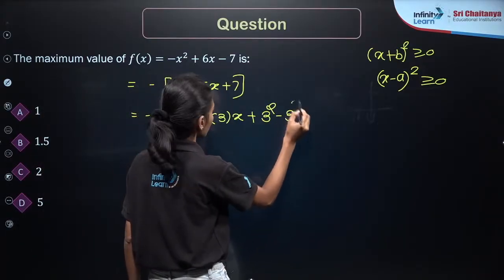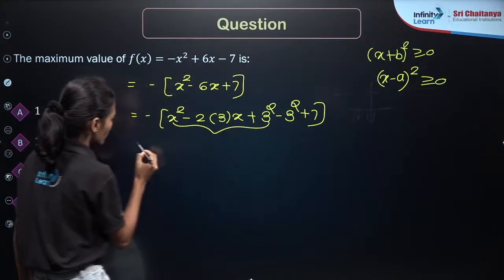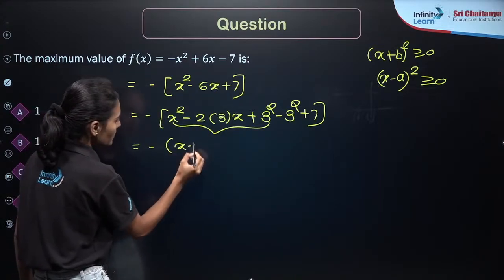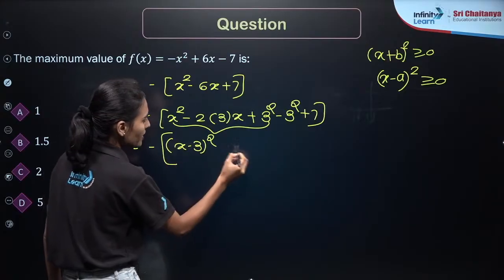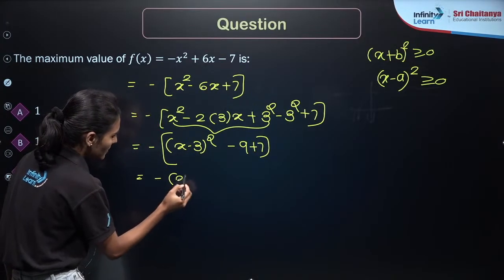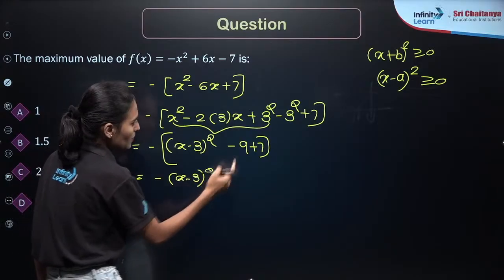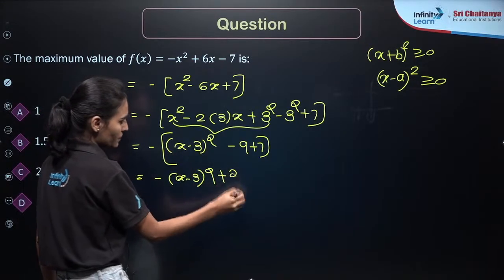Next minus 3 square plus 7. So this is your perfect square. So this is minus x minus 3 whole square, and then you have inside the bracket minus 9 plus 7. So this is minus x minus 3 whole square, minus 9 plus 7 is minus 2, minus minus plus 2.